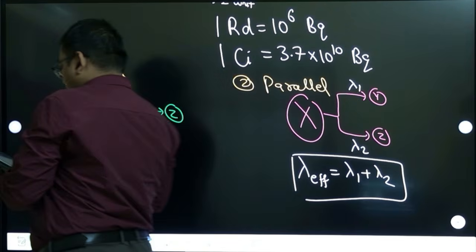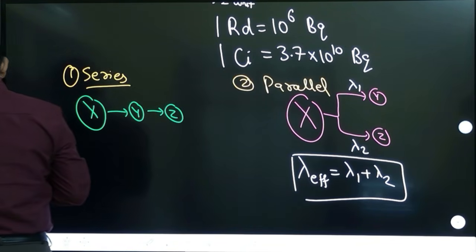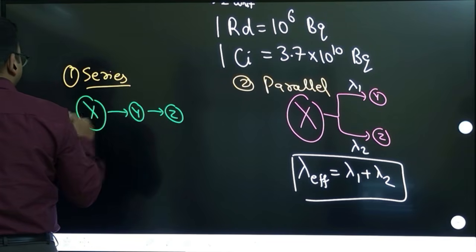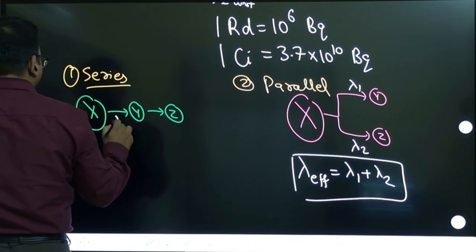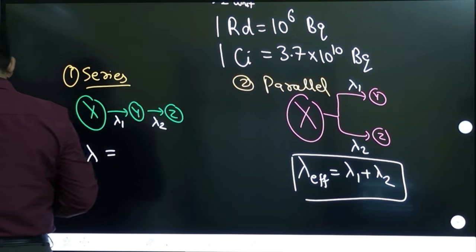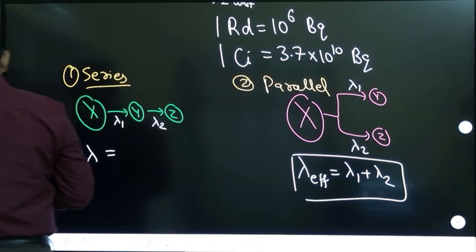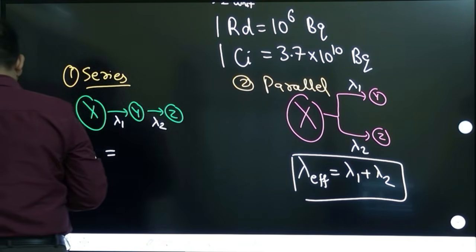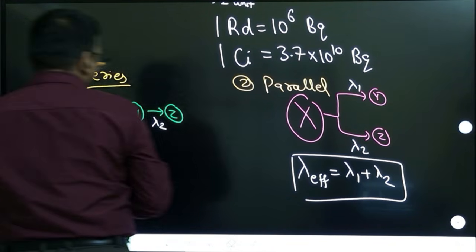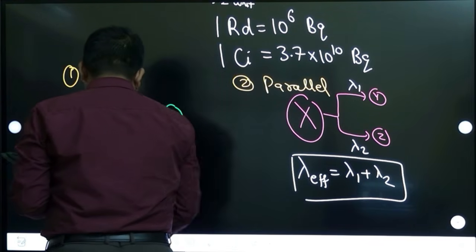Half-life calculations and other things are done in the same way. But in this case, suppose this is lambda 1 and lambda 2. Here also there will be some method that we will see.